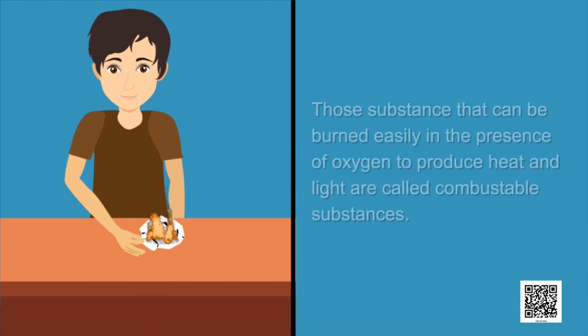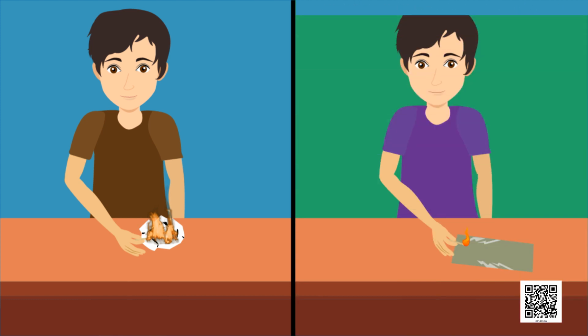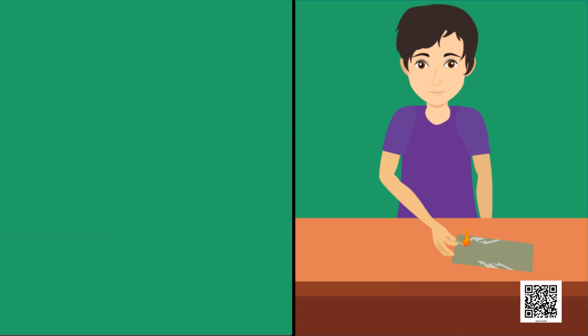So, children, those substances that can be burned easily in the presence of oxygen to produce heat and light are called combustible substances. On the other hand, the piece of glass could not catch fire.